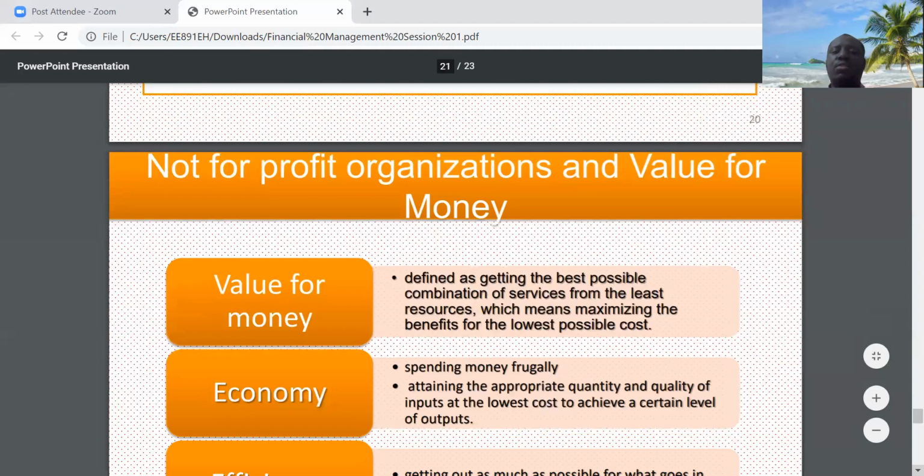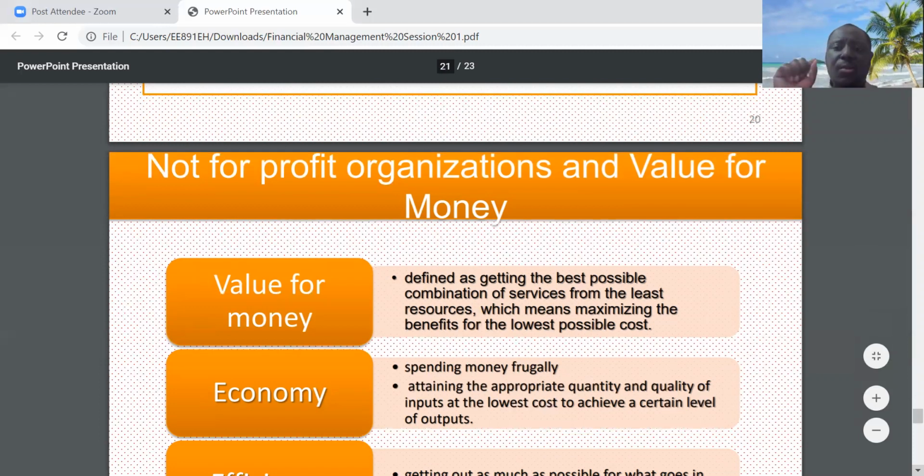Then let's talk about not-for-profit organizations and value for money. Financial management is very important when it comes to not-for-profit organizations. Their primary purpose is not to make profit, but they are funded by donations, and so they need to manage their resources properly.